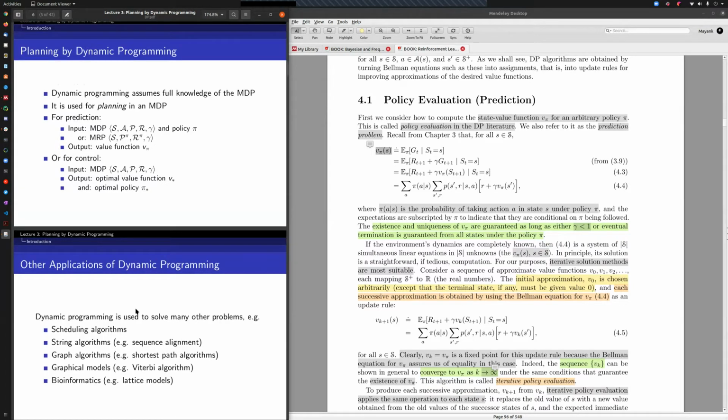But with respect to the MDPs that we currently are in, with respect to the planning, as you have just alluded to, we turn the Bellman equations into these assignments.